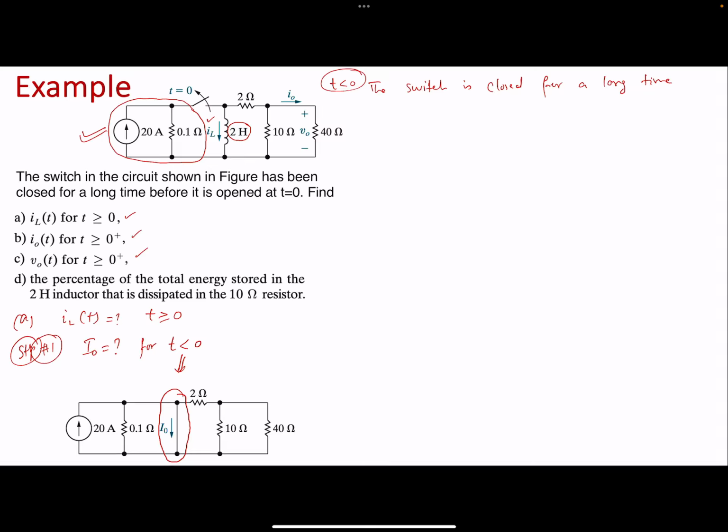So we know that the inductor voltage is 0. And again, as we remember from the past lecture, why was the inductor voltage 0? Because the current became constant. There is no change in the magnetic field, so no induced voltage. So the inductor becomes a short circuit.